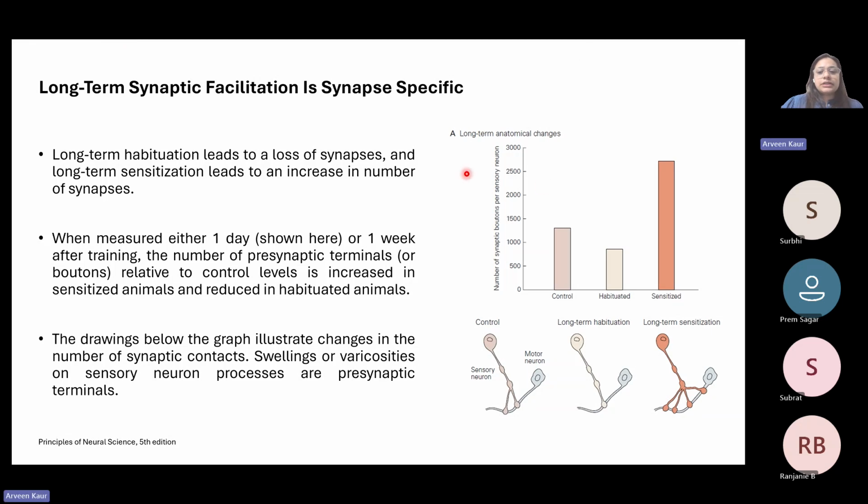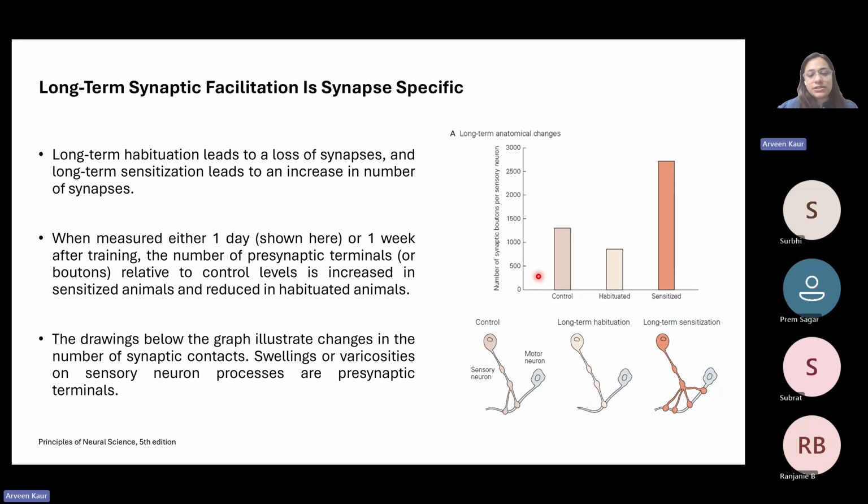So long-term habituation leads to loss of synapses and long-term sensitization leads to an increase in the number of synapses. When measured either on day one or 1 week after training, the number of presynaptic terminals or boutons, these terminal ends which are known as boutons, relative to control levels is increased in sensitized animals and reduced in habituated animals, right?